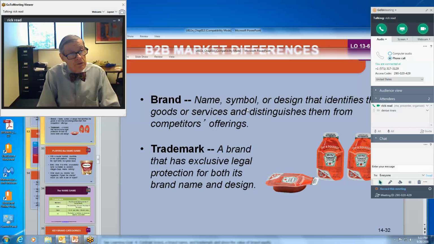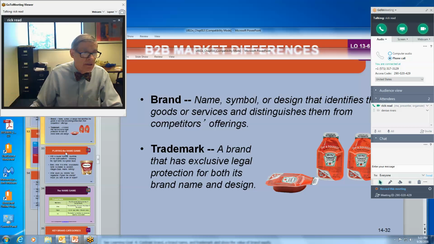And Victoria's Secret sued for trademark infringement. And the court that heard the case upheld Victoria's Secret's suit. And it said Victor's Little Secret, in its wording, was actually infringing upon a trademark.